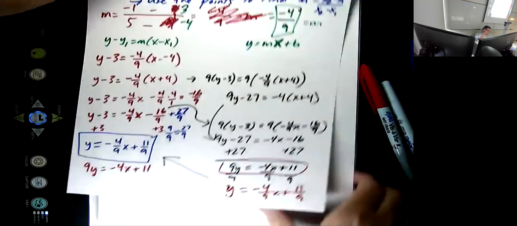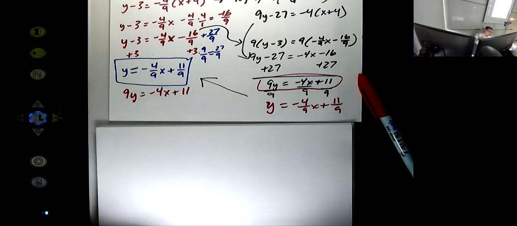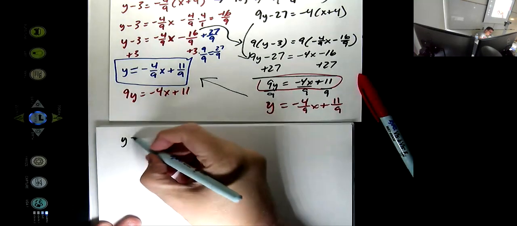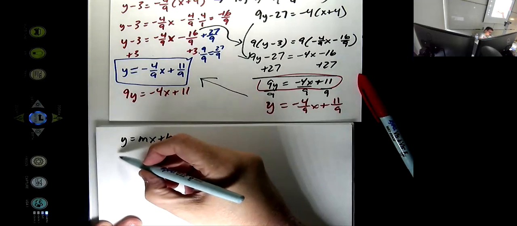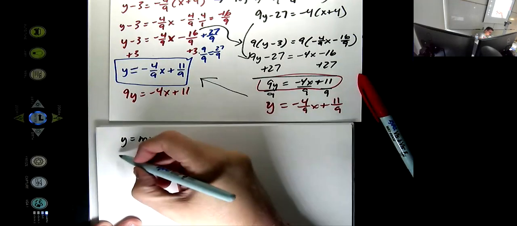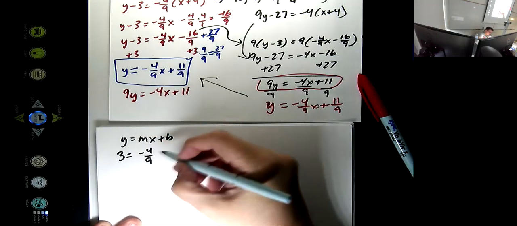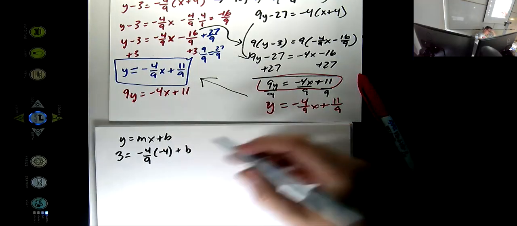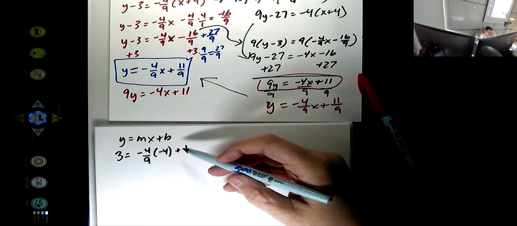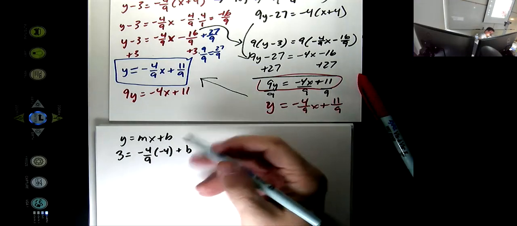Let's take a look at the point slope form, or doing the same thing with the slope intercept method. y equals mx plus b. I'm going to use the point -4, 3 here. 3 equals -4/9 times -4 plus b. I don't know that multiplying by the 9 is any easier.